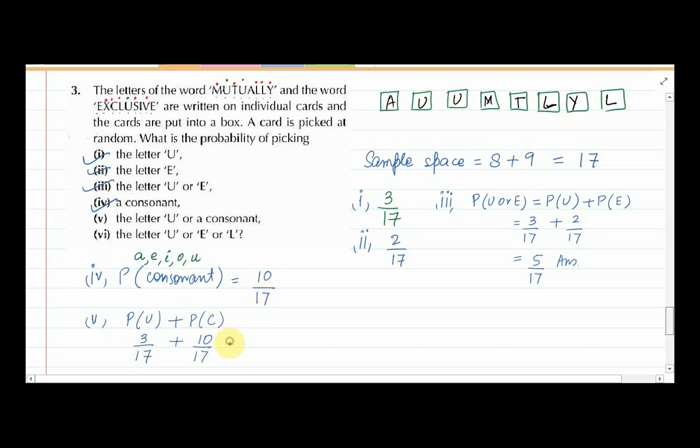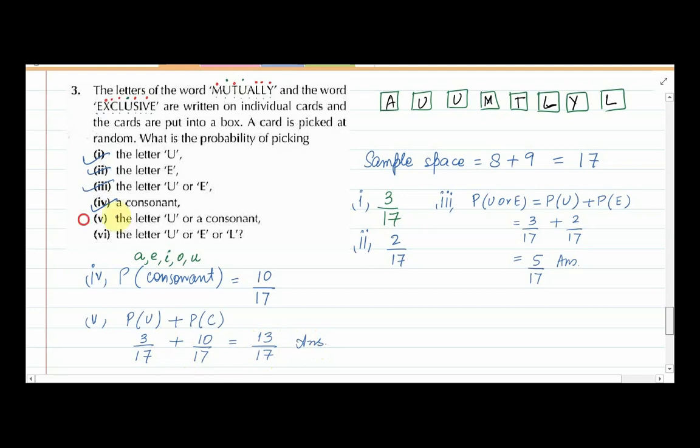Denominators are same, we can easily add them. So it will be 13 divided by 17. The answer of probability of a letter U and or a consonant, right? So that is fifth part.